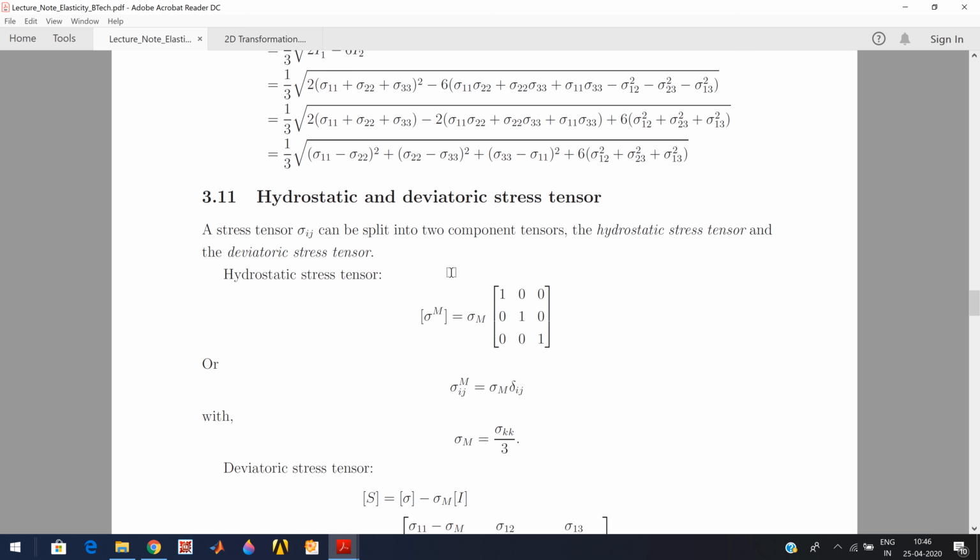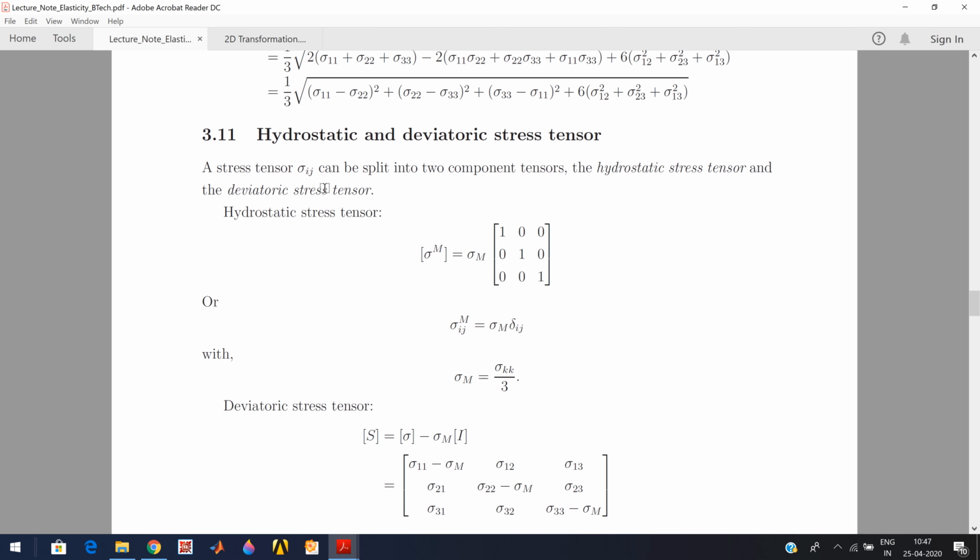All right, so now we'll move to the definition of the hydrostatic and deviatoric stress tensor. A stress tensor sigma ij can be split into two component tensors. One is the hydrostatic stress tensor, another is the deviatoric stress tensor. Hydrostatic stress means the stress state has the same stress values in all directions.